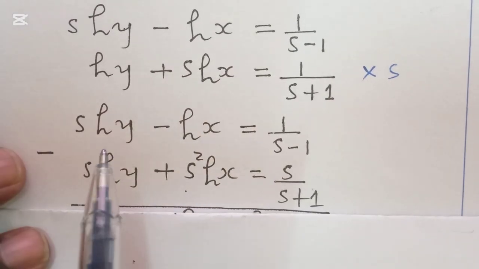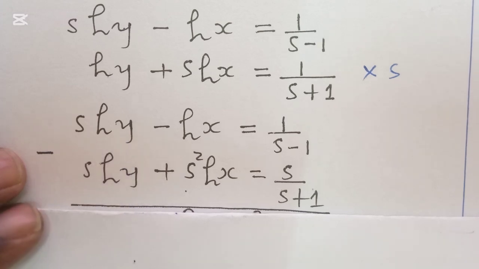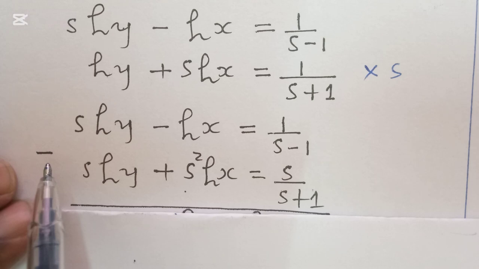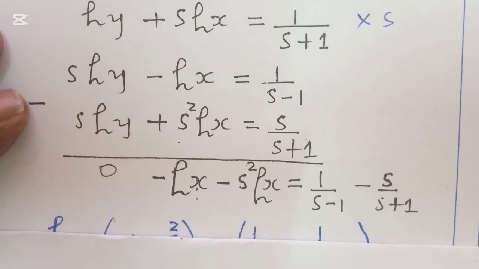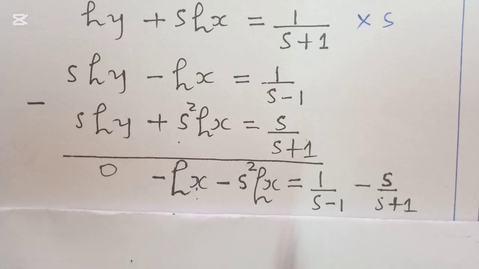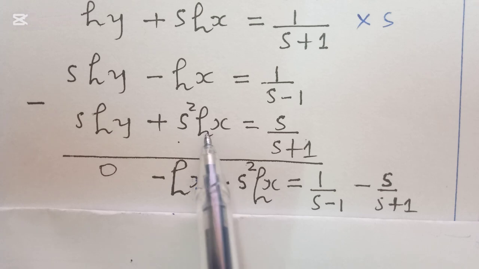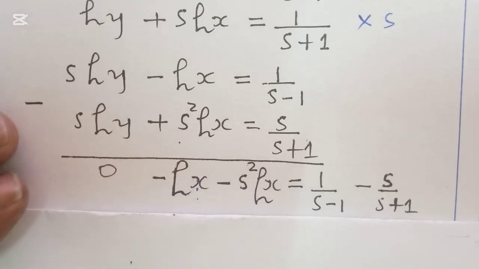Guys, for us to eliminate the Laplace transform of y, s Laplace transform of y, we subtract, and that's why I've put a negative here. When we subtract, this is now what we will get. And now we shall be dealing with this equation. What we are now going to look for is the value of x.